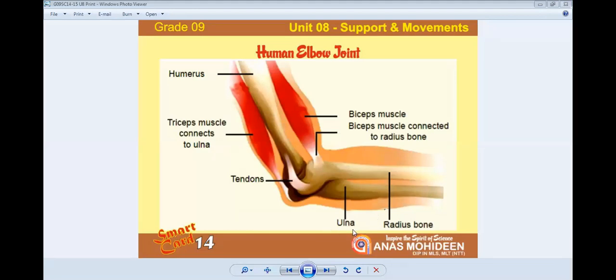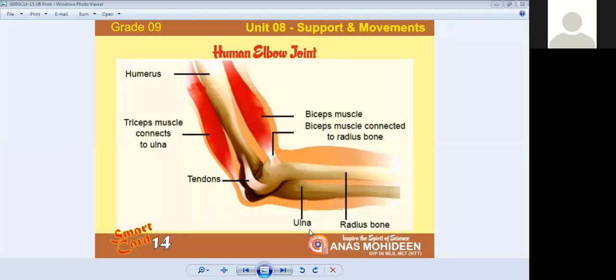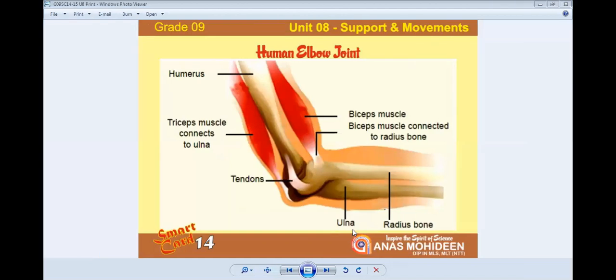You can just look at your elbow joint and observe that. When you are keeping it straight, the upper bone which comes down from the tendon is the radius bone, and below that is the ulna. So radius bone and ulna are connected to the tendon here, and above the tendon you see the humerus.